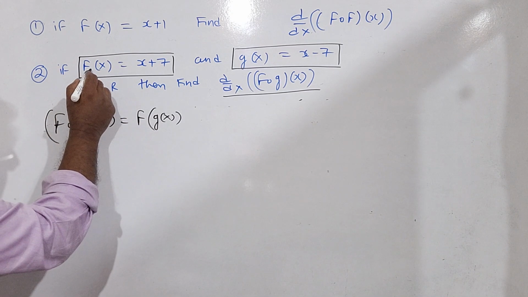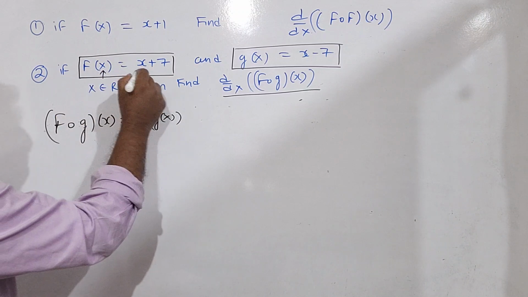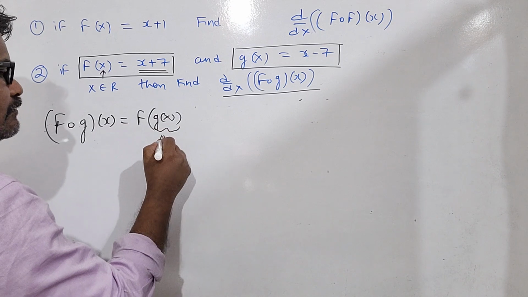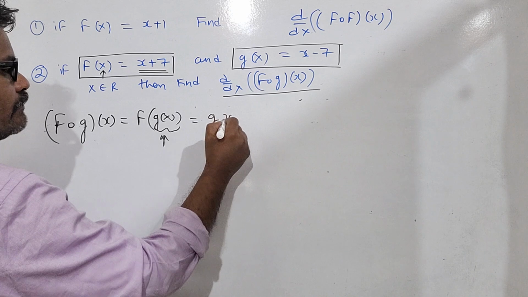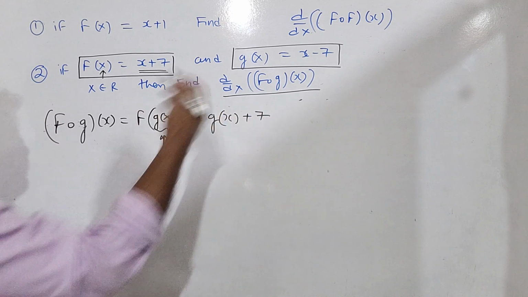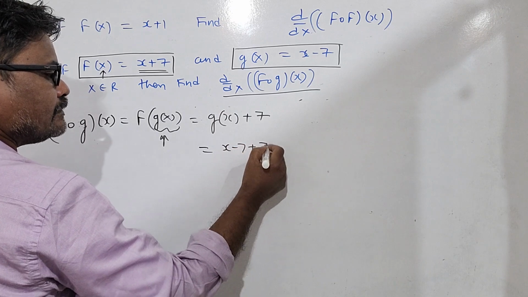Now what is f of x? x plus 7. x is input, then output is x plus 7. Here the input is g of x. So therefore the output will be g of x plus 7. And what is g of x? g of x is x minus 7, plus 7.